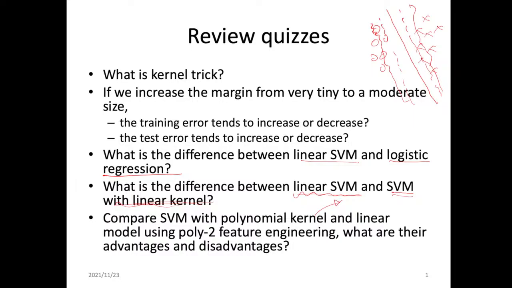So for polynomial kernel, I mean with degree 2, which means that the kernel is something like (x^T x_i + c)^2, something like this. Okay, what's the difference?